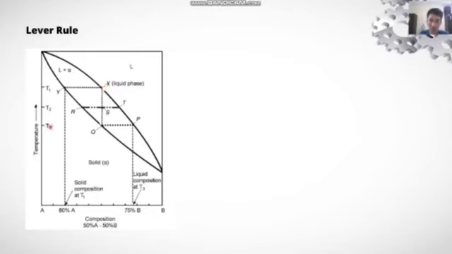After complete solidification, the composition of the solid phase is again the nominal alloy composition of 50% A and 50% B.